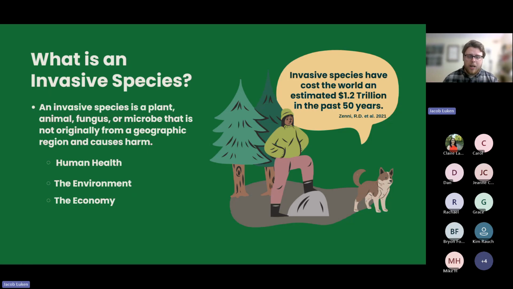And then economic harm. One example of that would be zebra mussels, which I'm sure a lot of us have heard of, as prevalent as they are here in the Midwest.